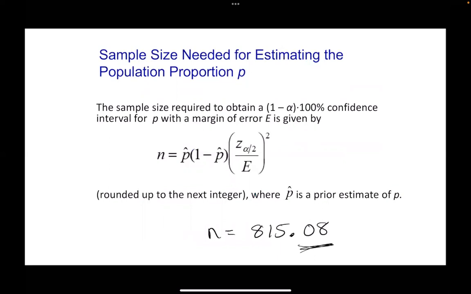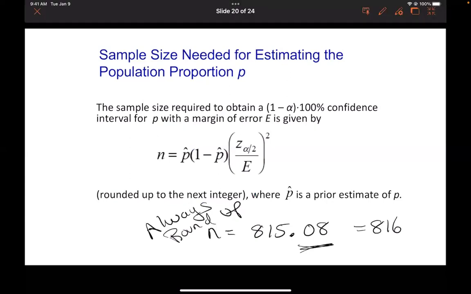So I would have to round this to 816, even though it's really close to 815. Always round up with sample size. Always round up to the next integer. Always. All right.